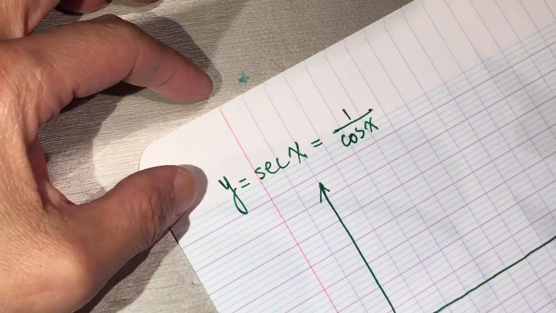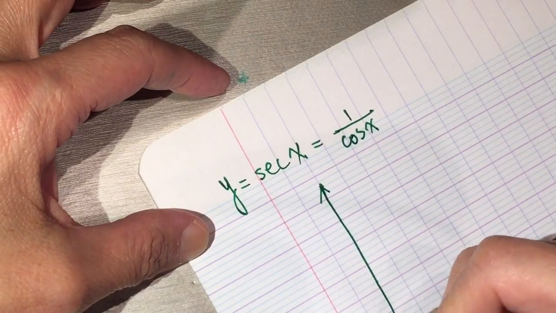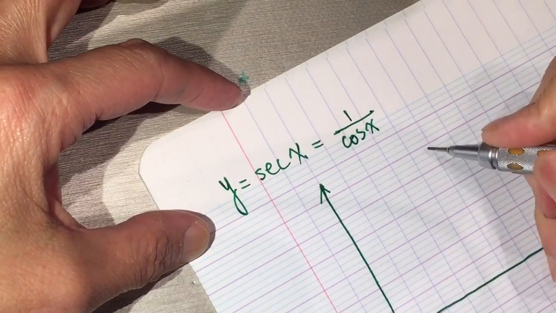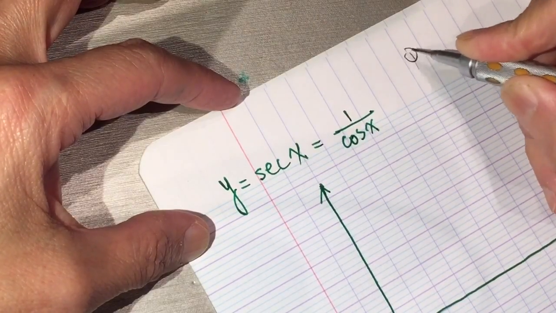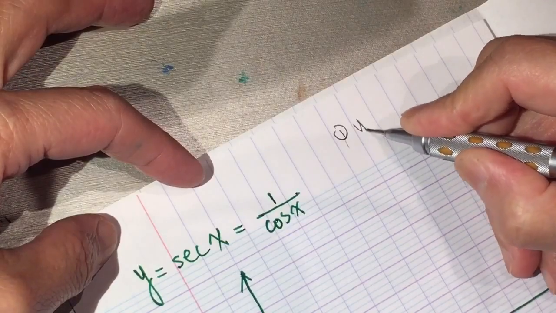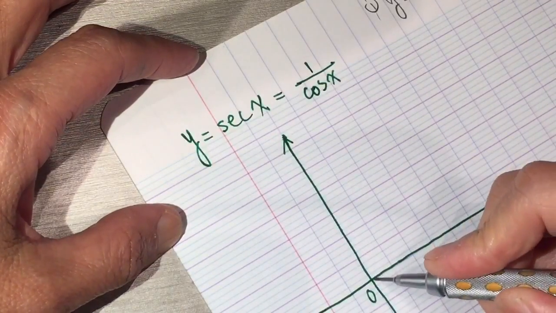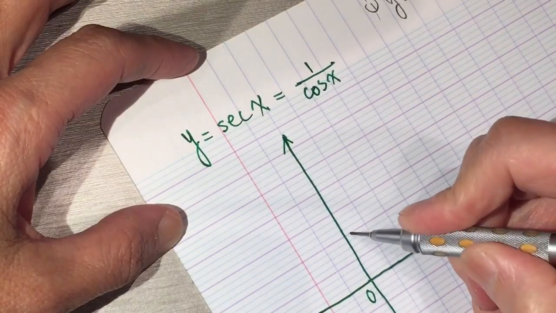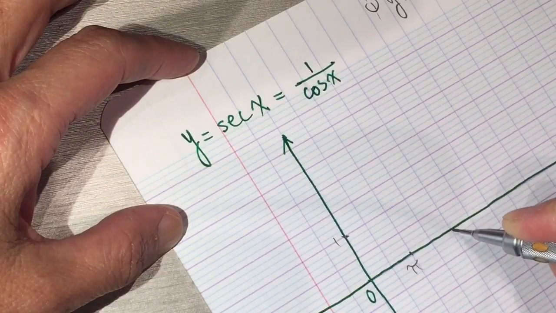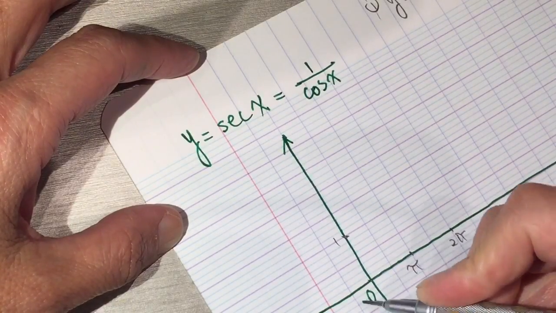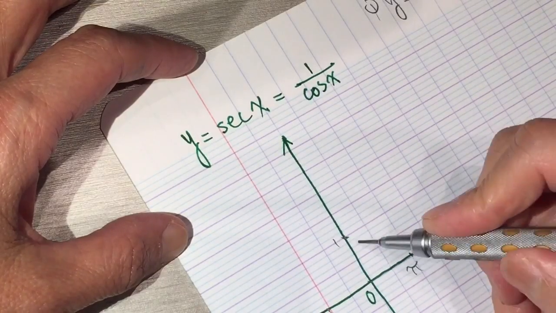So first we need to see what is cosine's graph. Step 1. I will write it here. Step 1, I will draw y equal cosine x. We still use the same scale. 1, 1, pi, 2 pi. Okay, we put negative here also so that we can see.